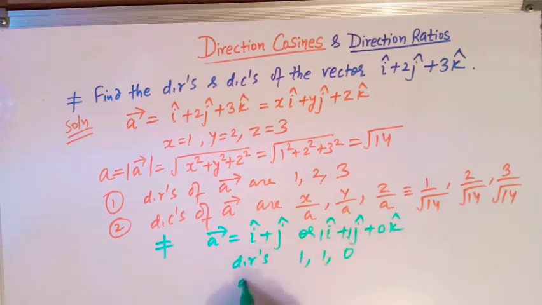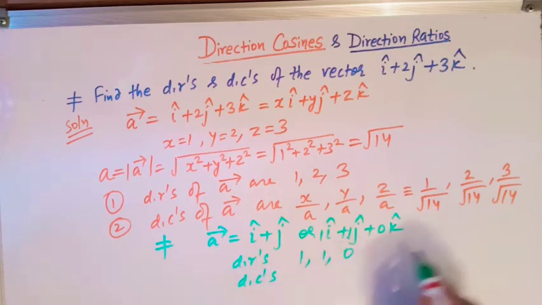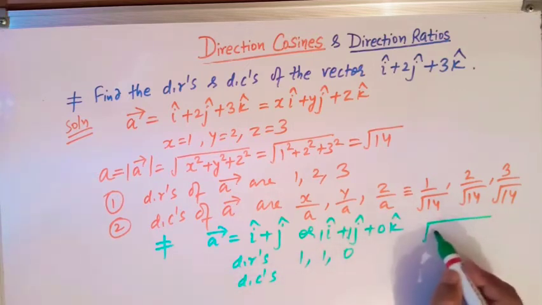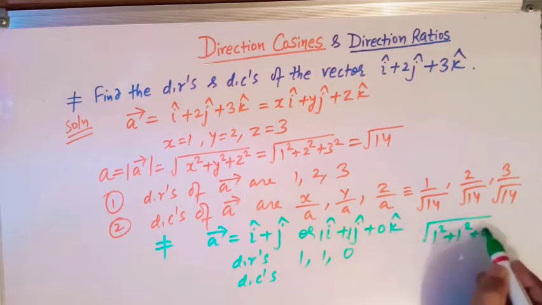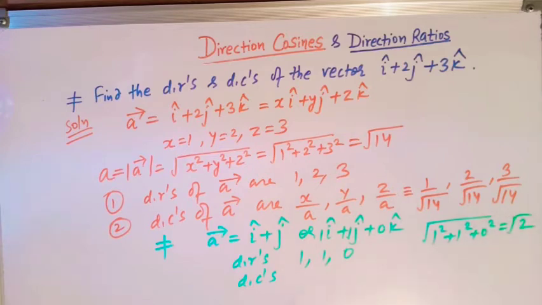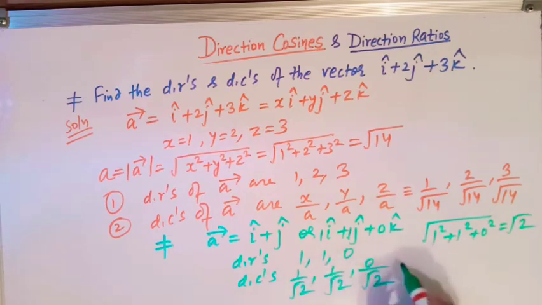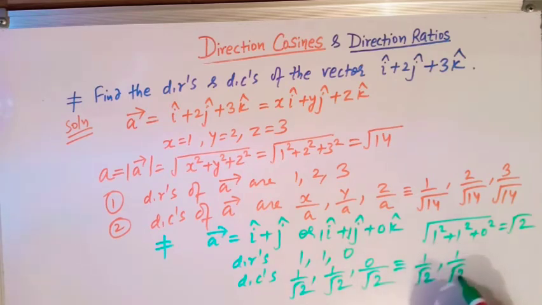And what are the DCs? Now first of all, find out the square root of 1 square plus 1 square plus 0 square, and this is the square root of 2. So DCs are obtained by dividing these three numbers by square root of 2. So the DCs are 1 over square root 2, 1 over square root 2, and 0 over square root 2, which can be written as 1 over square root 2, 1 over square root 2, and 0, right?